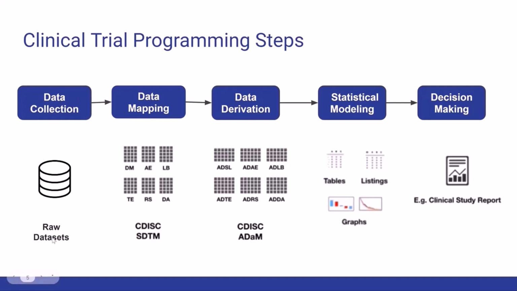From there, once you get your raw data, then you need to map it to a standard way. So that's your SDTM data, which is part of this global consortium called CDISC. That is an organization that focuses on how clinical trial data should be standardized.